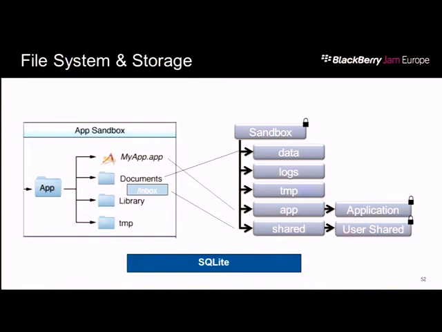The other consideration, of course, is the file system and storing data, a key part of your app probably. There are differences between iOS and BlackBerry 10, but also a lot of similarities. You can see the iOS folder structure on the left, roughly, and there it is on the right in BlackBerry 10.